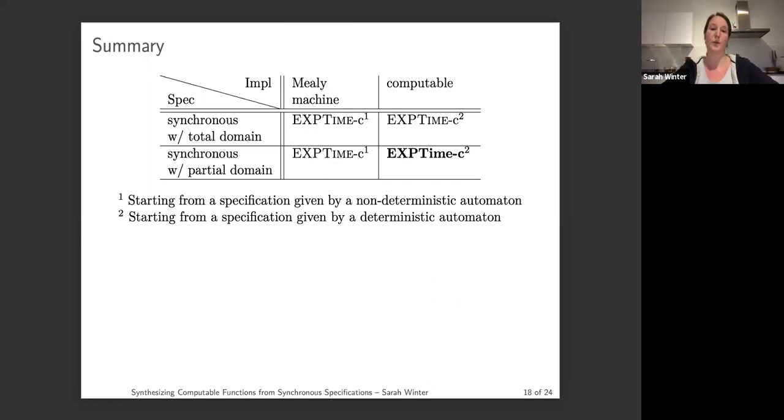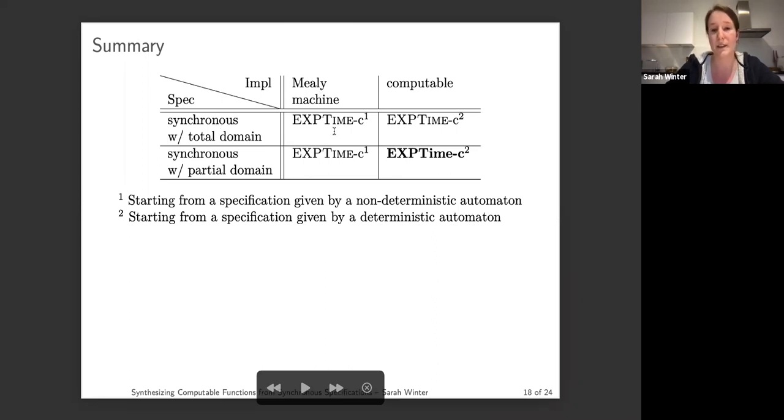Okay, here's a summary of what we know so far. We took a look at synchronous specifications with total domain and with partial domain, and implementations by Mealy machines and by computable implementations. The setting where we have synchronous specifications with total domain and are looking for implementations by Mealy machines is the Church setting, and it is ExpTime-complete when you start with a specification given by a non-deterministic automaton.